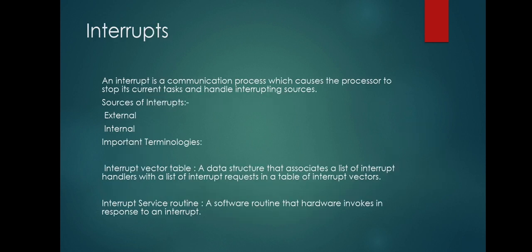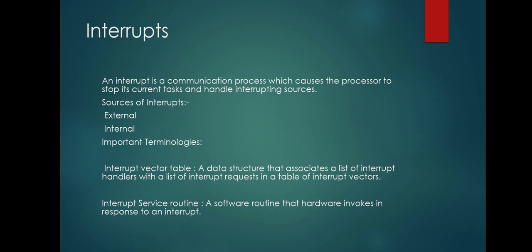So next is interrupt. An interrupt is a communication process which causes the processor to stop its current task and handle the interrupting source. There are two types of interrupts: external interrupts and internal interrupts.